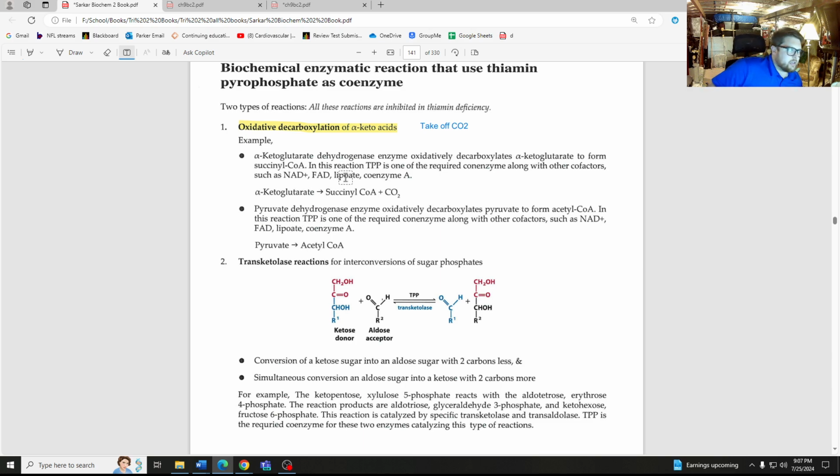Anywhere that we see pyruvate going to acetyl-CoA, again, we see carbon dioxide coming off of that. This would be acetyl-CoA plus CO2. Anytime we see carbon dioxide coming off, that's going to be our thiamine, our TPP.